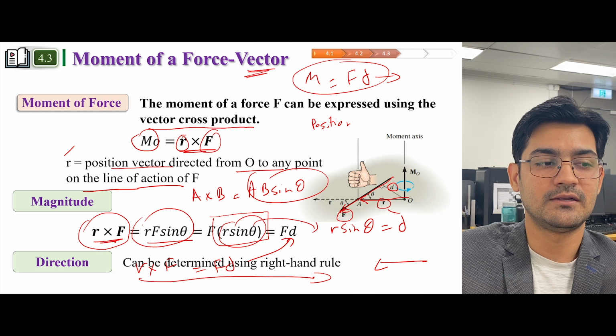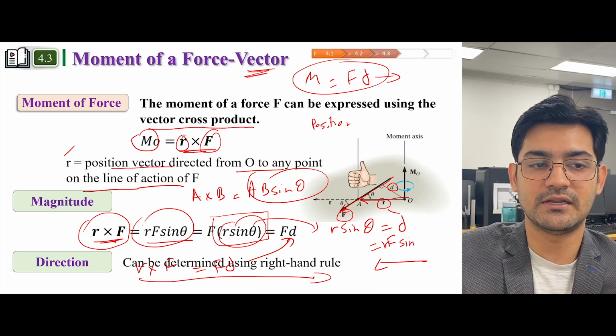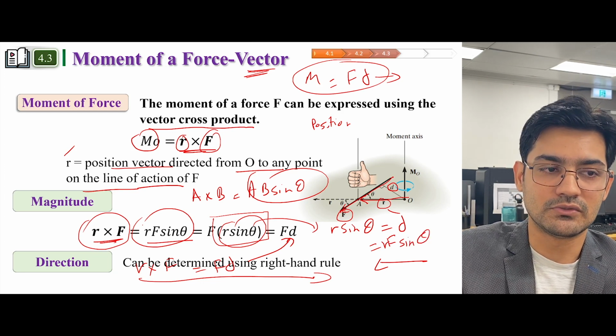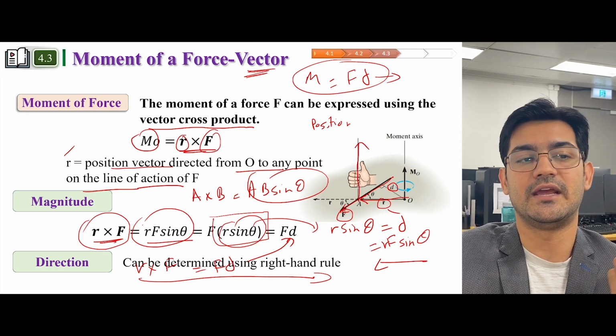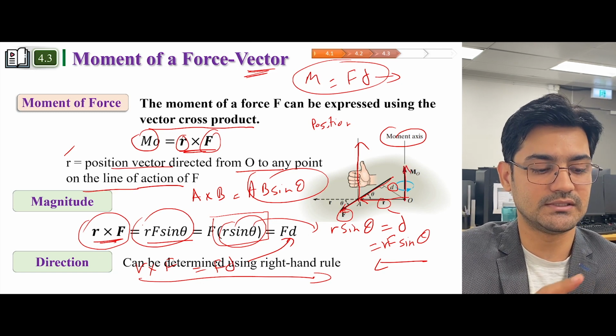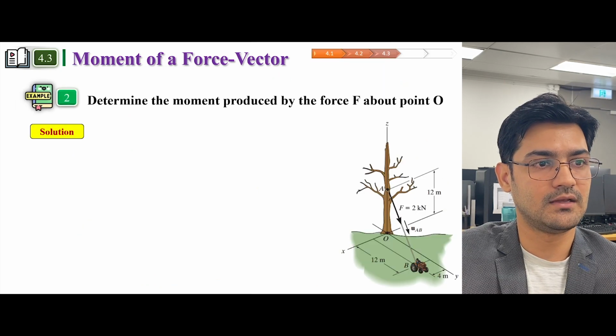So the moment magnitude can be determined by using rF sine theta, and the direction can be determined by using the right hand rule. So this would be the direction of the moment, which is a moment axis represented by this. So I hope this is a little bit clear, but let's do one example to make it more clear.